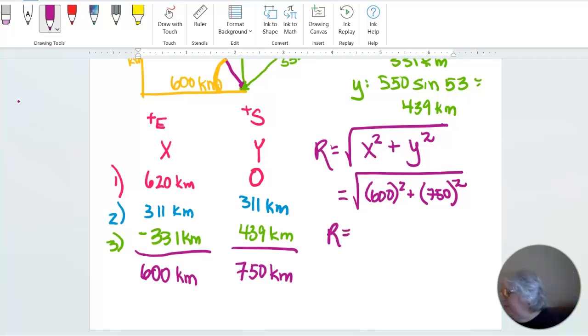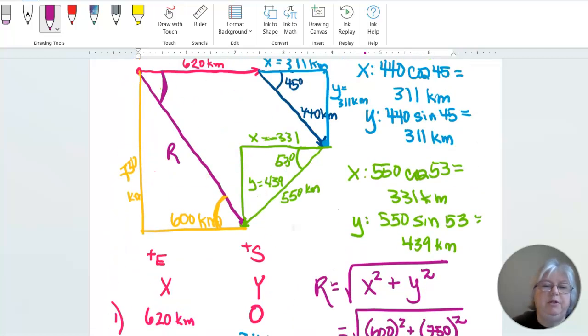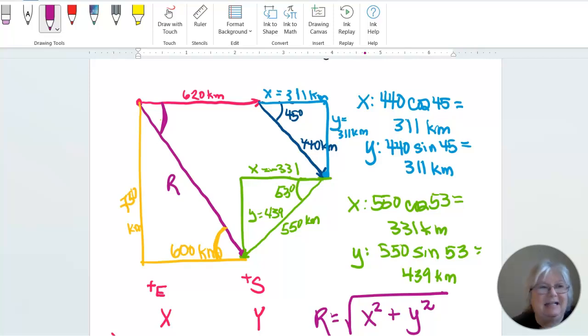If I hit that into my calculator and take this root, I get 960 kilometers. That is how far my ship is from its original position. Not the distance that it traveled, but its displacement. So if my ship wanted to turn around and go home, that's how far it would have to travel.